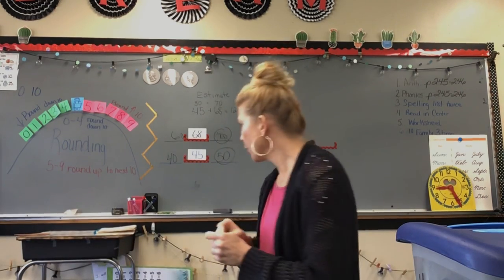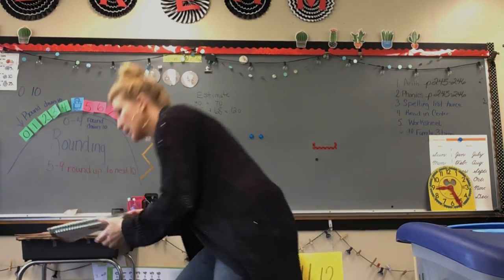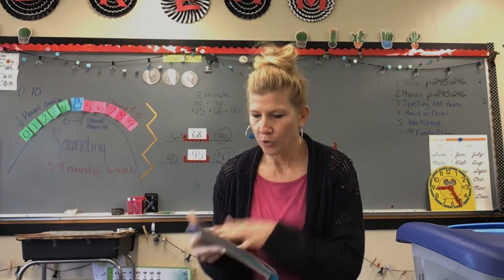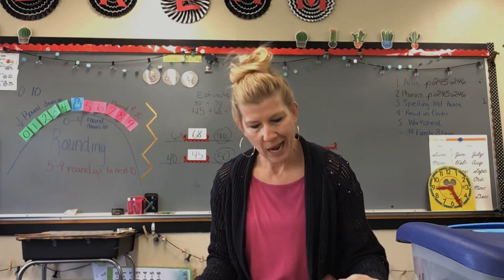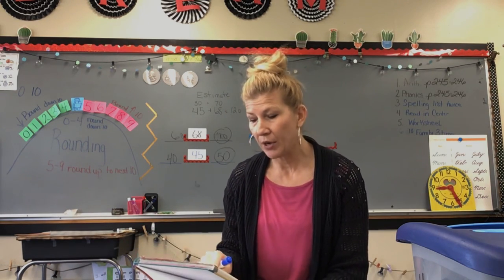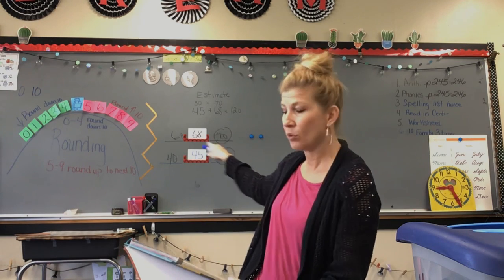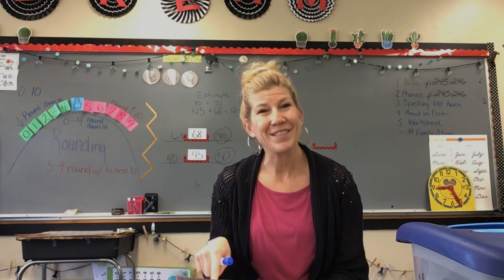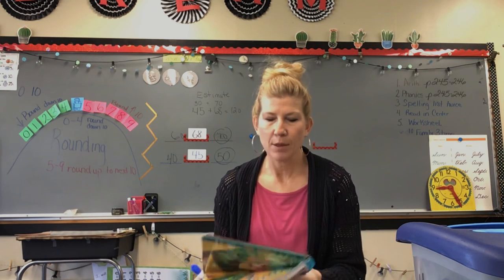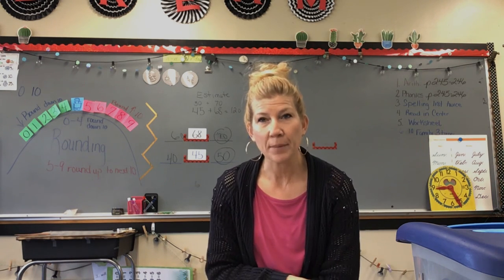Now, let's look at your math book. Let's see, on your paper there. So I want to look at number 2. The rounding part we already did, 68 and 45, so that should help you with that. We just did your multiplication with the numbers 2, 4, and 8. And then on the back side, I want you to look at 1A.